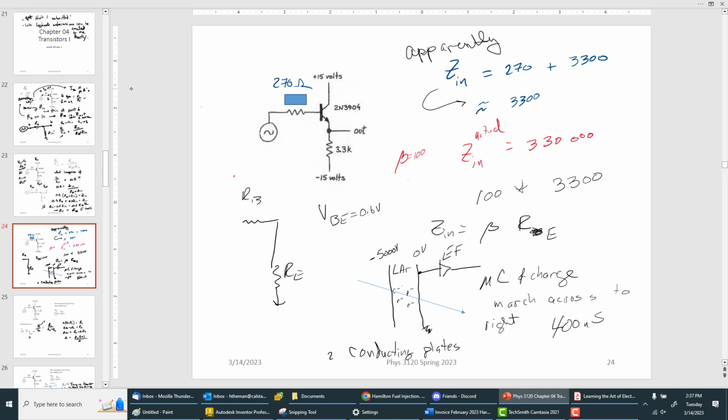So the output impedance of this is really, really high. So it can't drive anything. So I have to have an extremely high input impedance. In fact, this thing is set up that it has a 1 megaohm input impedance. And in fact, it's not done with an emitter follower. It's done with an op amp, which we're going to study soon.